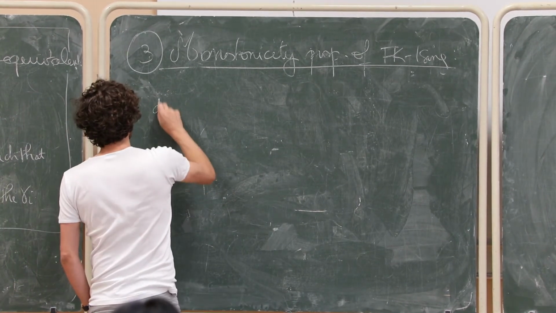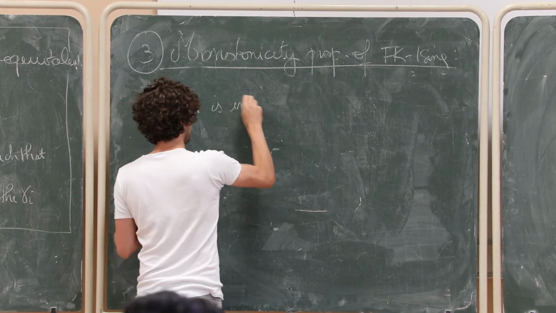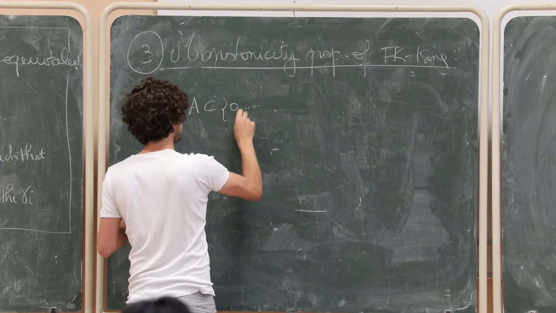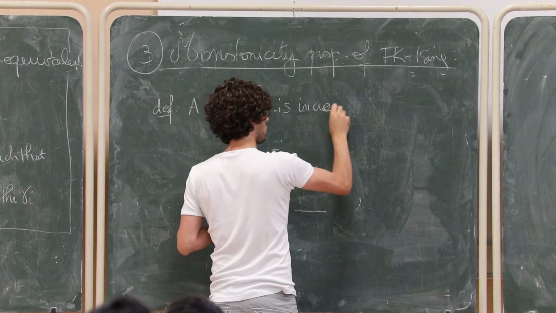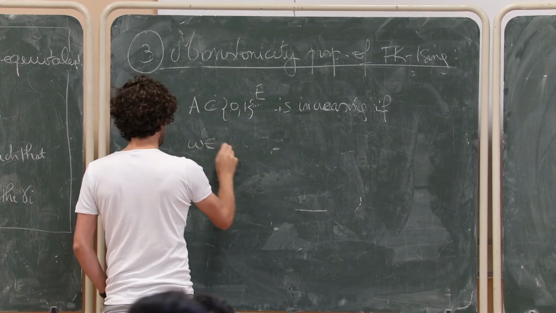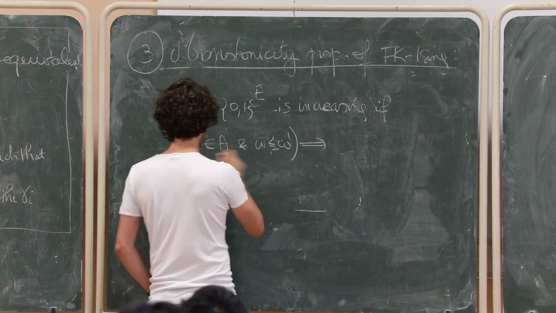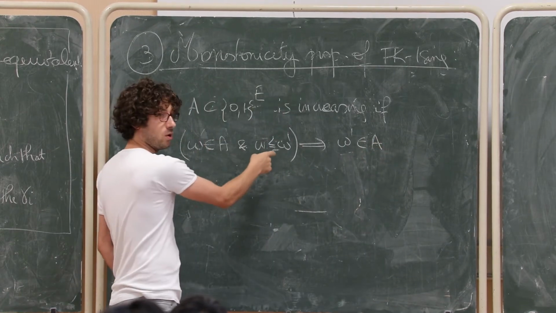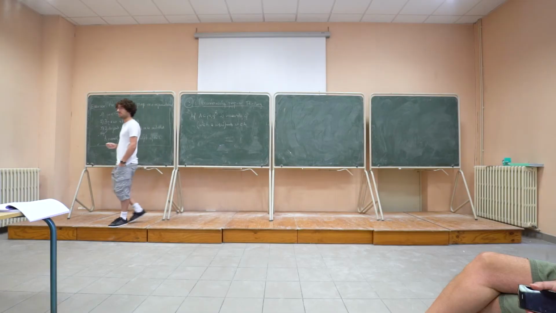So the definition says that an event A, included in {0,1}^E, is increasing if omega in A and omega smaller than omega prime implies omega prime in A. Here, smaller means in the sense of the natural order on {0,1}^E.